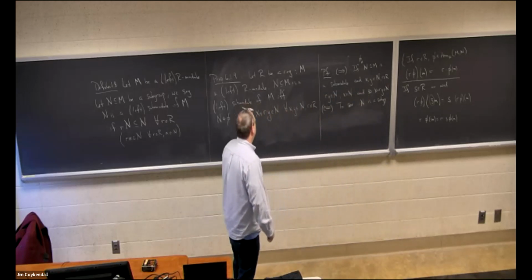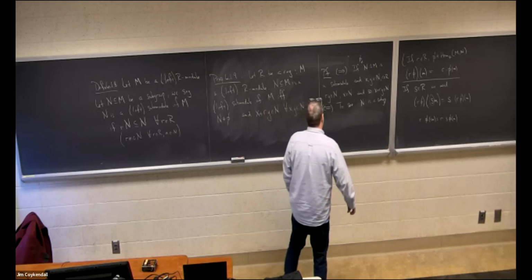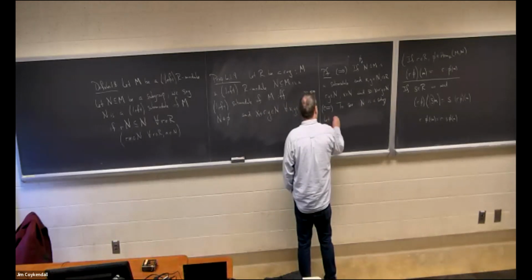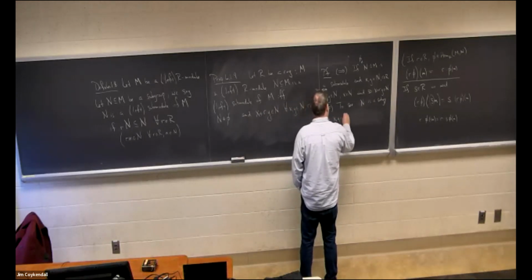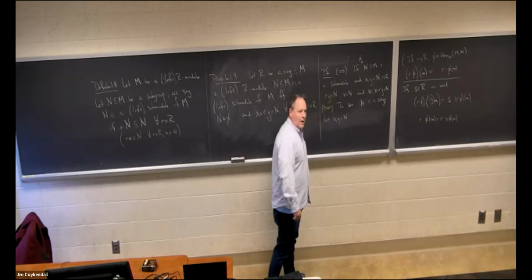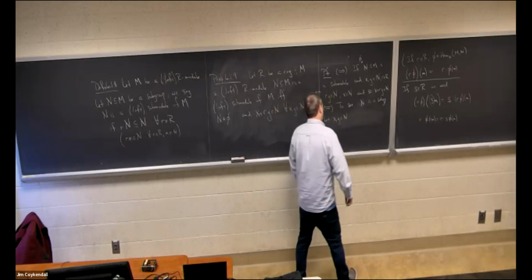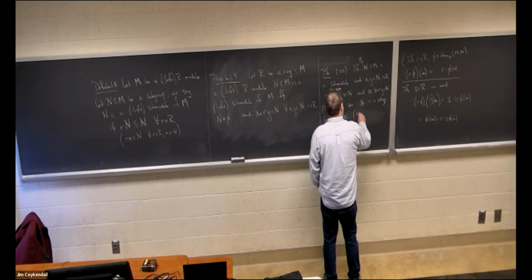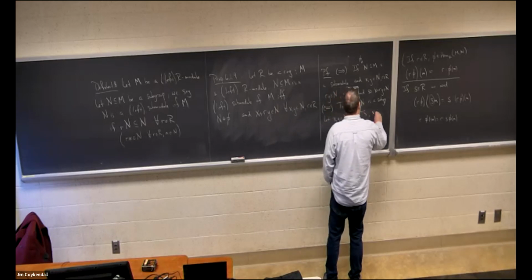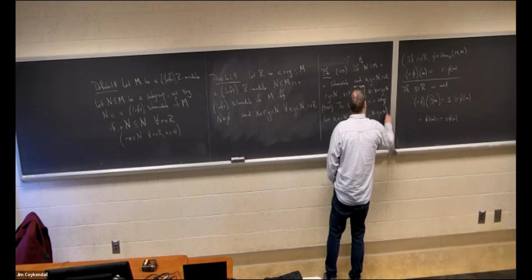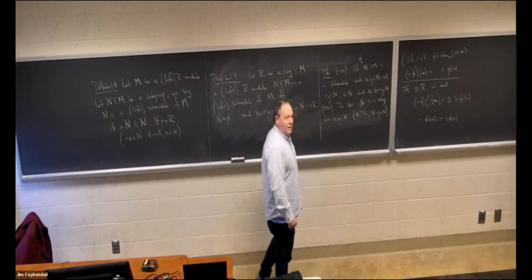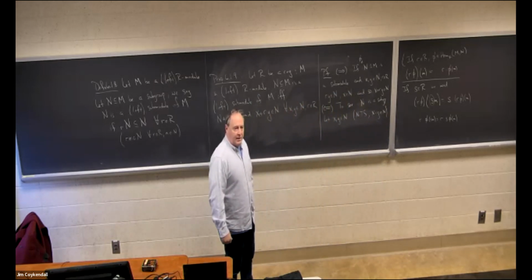To see that N is a subgroup, suppose x, y is in N, we need to show x minus y is in N. Right, that's the subgroup criteria.